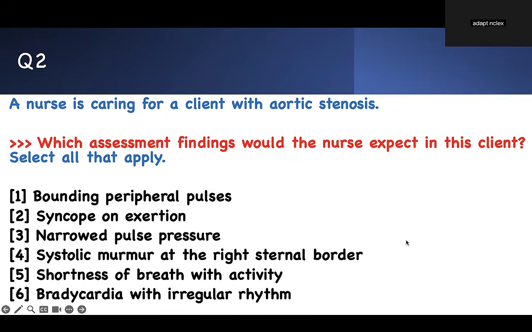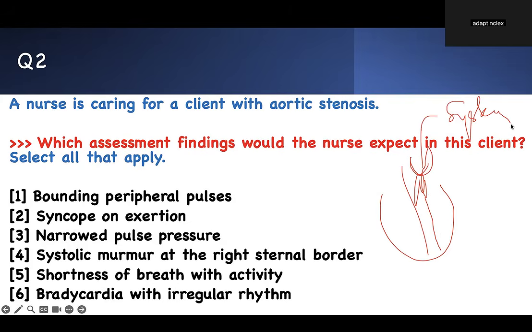Let's draw the diagram. Aortic stenosis, the aorta is taking blood from the ventricle to the rest of the body. So this is the aorta taking blood to the systemic circulation, right? If you have stenosis, blood is backing up to the left ventricle. There's not going to be enough blood.